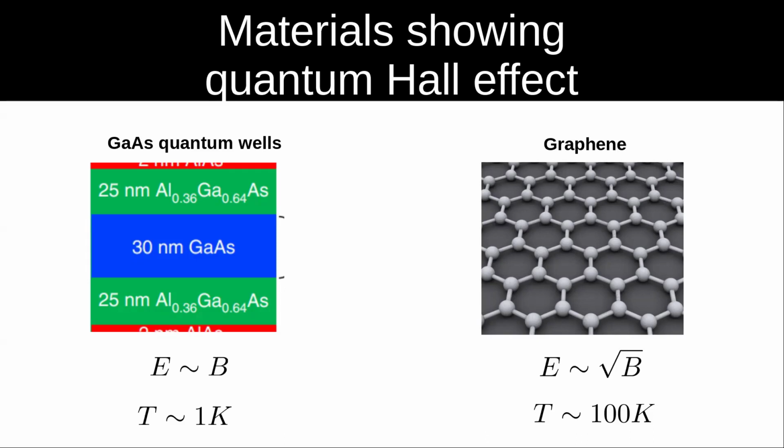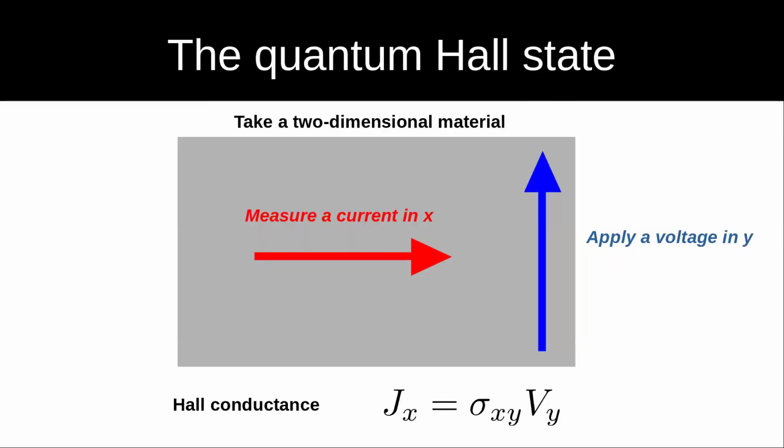Independently of which platform we focus on, the quantum Hall state has many common features, and in particular, one of the most important ones is the quantization of the conductance that we already briefly discussed in the previous session. So, to understand the quantum Hall state, perhaps the most interesting and important experiment is to understand the quantum Hall conductance.